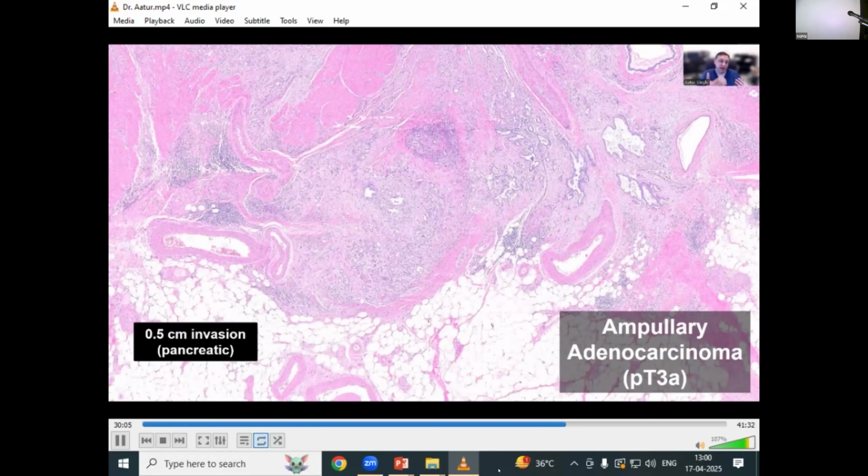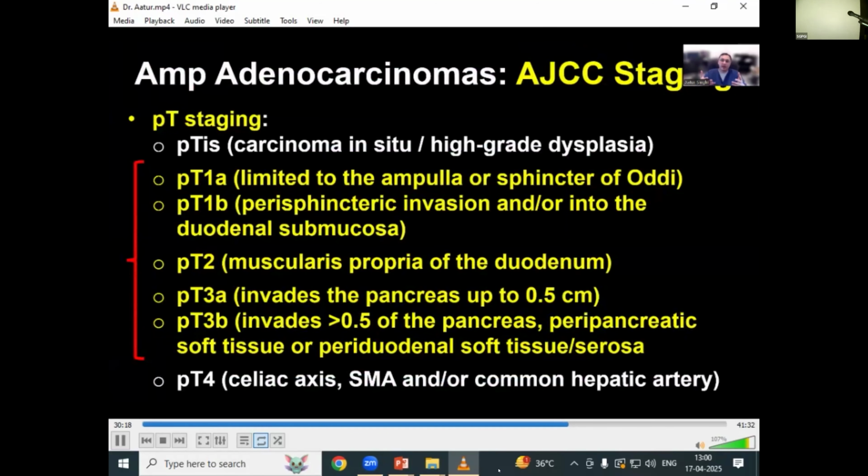So not only going past 0.5 centimeters, or it could be just the peripancreatic soft tissue laterally or periduodenal soft tissue itself. Finally, similar to pancreatic ductal adenocarcinoma, a T4 is categorized when the cancer has directly invaded major arterial vessels, such as the celiac axis, superior mesenteric artery, and or the common hepatic artery.